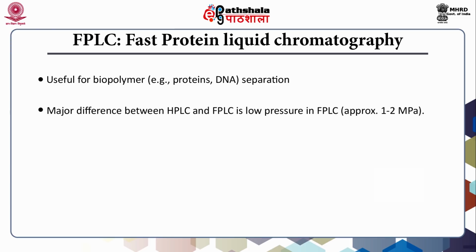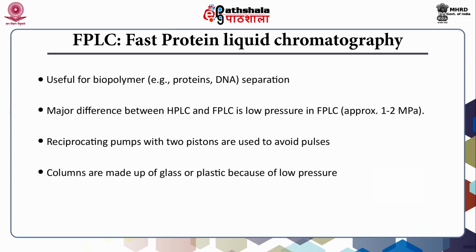The major difference between HPLC and FPLC is lower pressure in FPLC compared to HPLC. In FPLC we can also use reciprocating pumps, but they should have 2 pistons, which are used to avoid pulses.